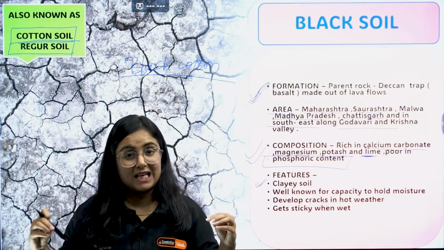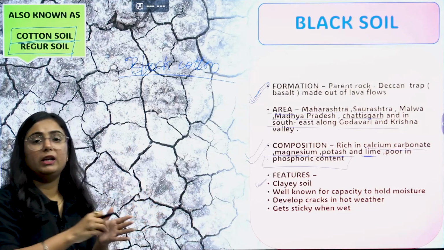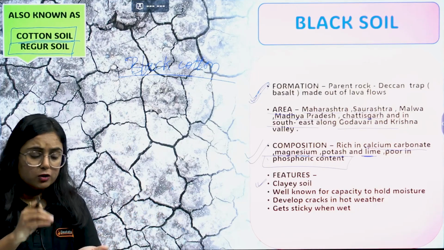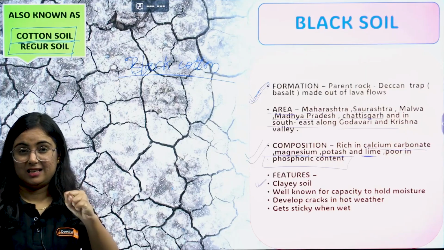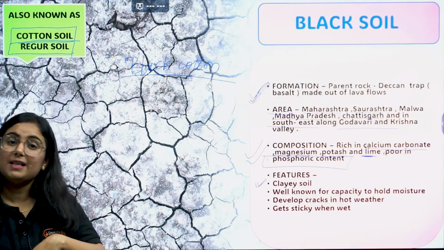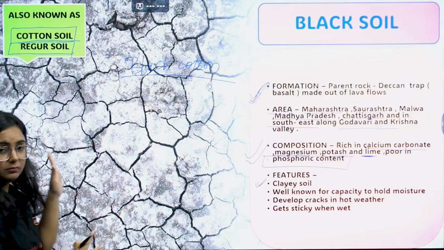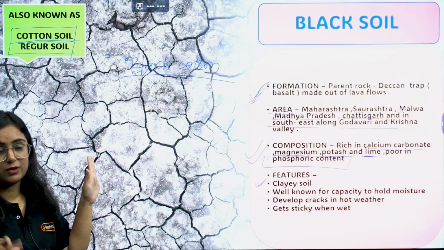Does it become sticky? Yes. Similarly, the first time there is a shower, the soil becomes so sticky. But whenever there is the summer season, it develops cracks. This is the feature of black soil.